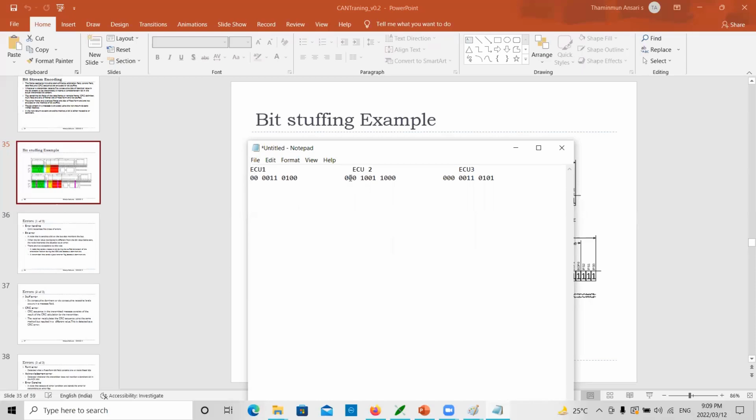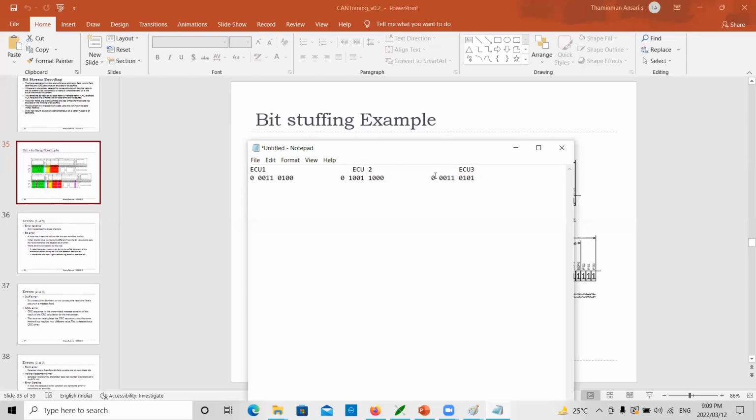He is also pushing 0, and he is also pushing 0. All are equal because every node has pushed only zeros. The bus value also will be dominant when all the inputs are low. So they will go for a second round and push the next bit. This ECU will push 0, this one 0, and this one 0.